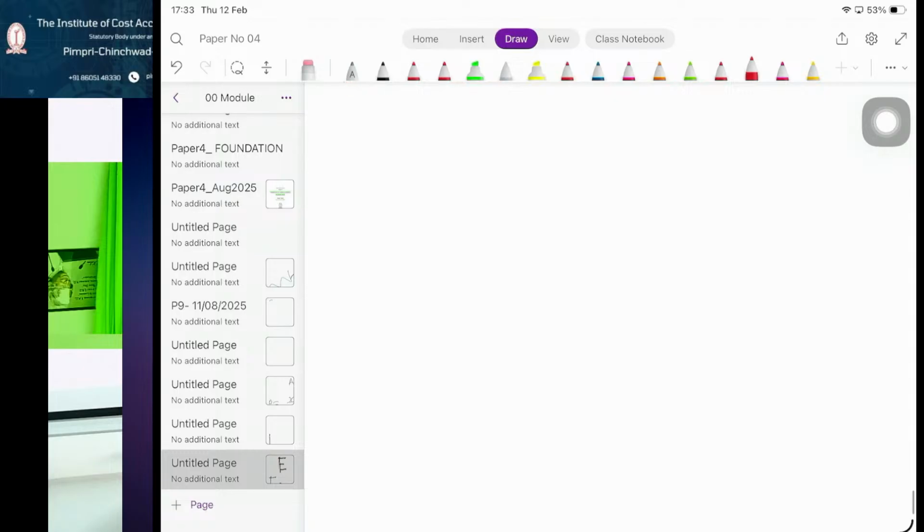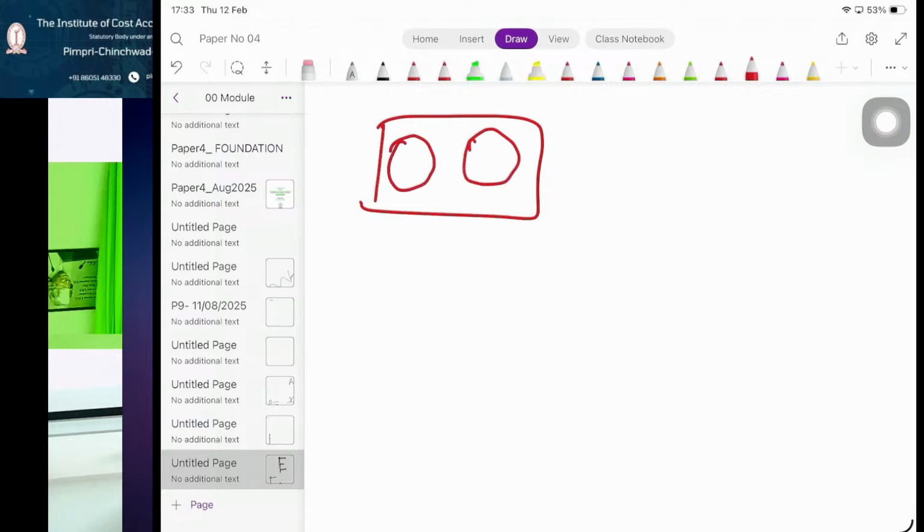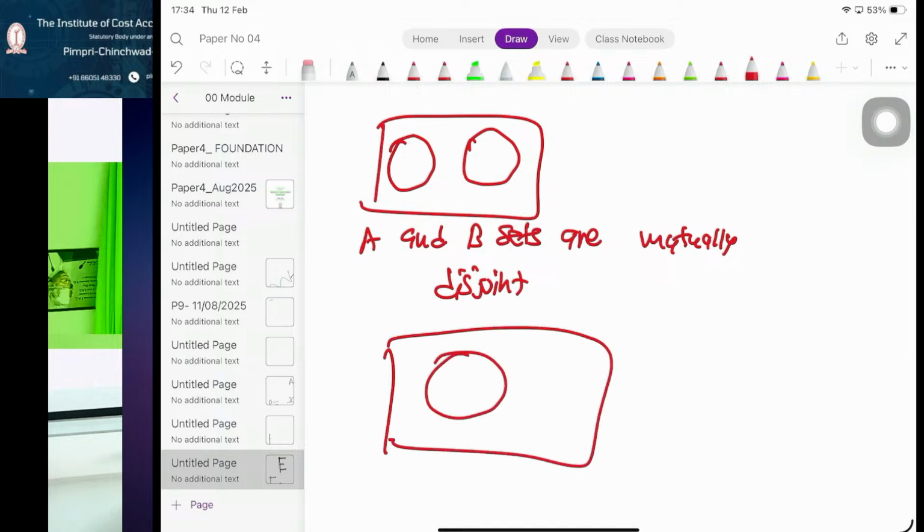When we discuss about the two sets, the set A is here and set B is here, no common element between them, then we said A and B sets are mutually disjoint, जॉइंट नहीं है, डिसजॉइंट. जे तू तेरे घर में खुश मैं मेरे घर में खुश, that is called mutually disjoint. और अगर फिगर ऐसा है, they are joint. सब कॉमन एलिमेंट्स are there.